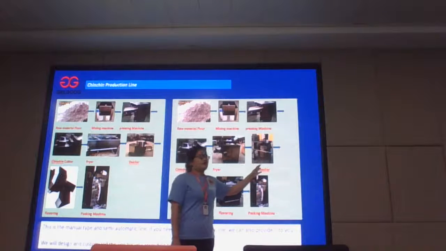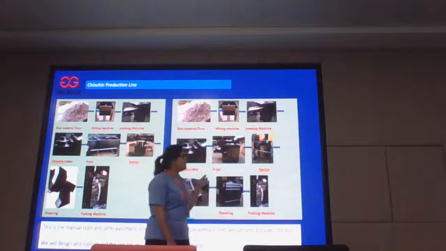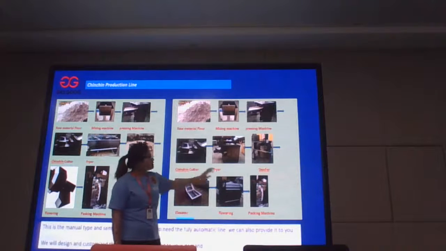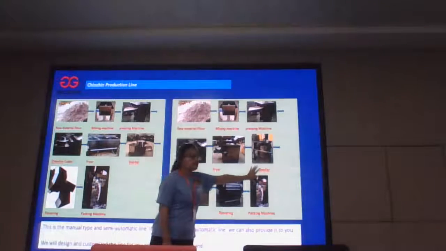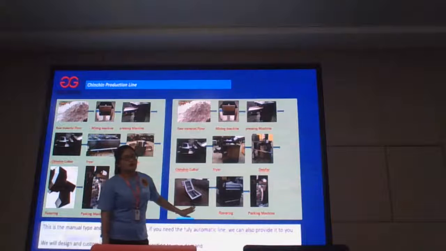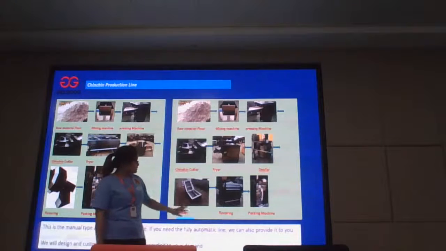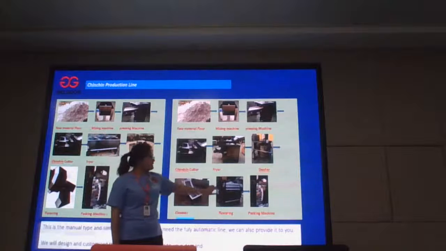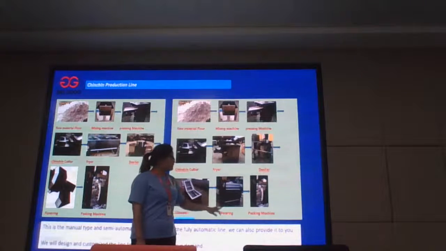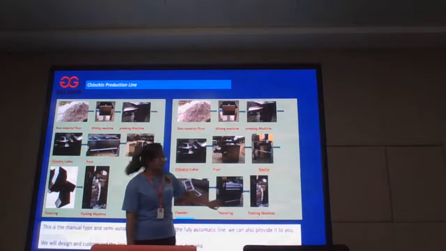After removing the oil on the chinchin surface, it can output the chinchin through this oil machine into the elevator to save more labor, and the elevator lifts the chinchin into this flavor machine. This is also another automatic flavoring machine.